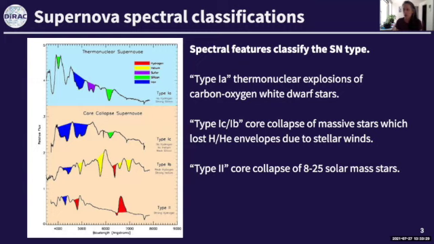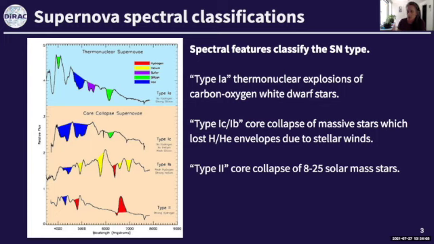You've got the usual suspects here of the three main kinds of supernovae: the type Ias, the type Ic and Ibs, and the type IIs. The Ias show a lot of silicon and don't show any hydrogen and helium, and they come from thermonuclear explosions of carbon-oxygen white dwarf stars, whereas the Ics and Ibs are the core collapse of very massive stars that have lost a lot of their hydrogen and helium due to winds. And then the type IIs are core collapses of about 8 to 25 solar mass stars, and you see the classic hydrogen profile there in their spectrum.